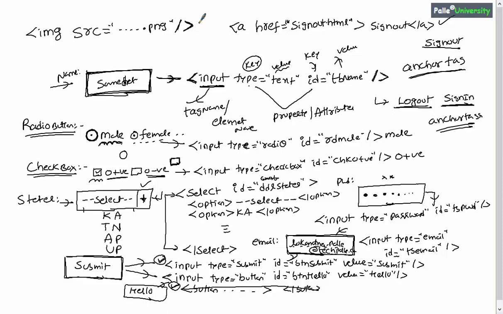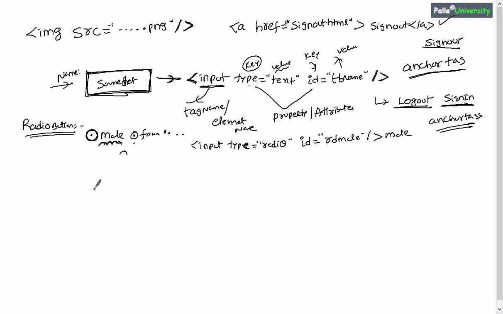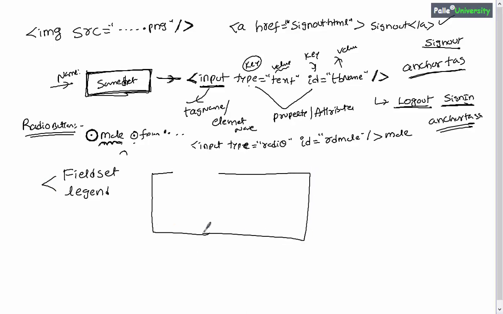Apart from all these things, I would like to explain one more tag called fieldset and then the legend tag. I will be explaining two tags, fieldset and legend. In many websites you will observe a rectangle box something like this, and in the rectangle box, in the top line you will observe some gap, and in the gap you will observe some text. Let us say some text over here.